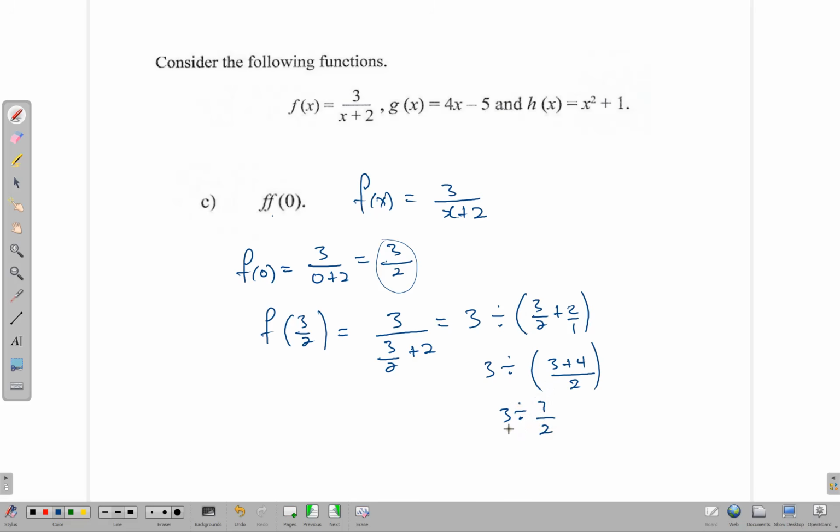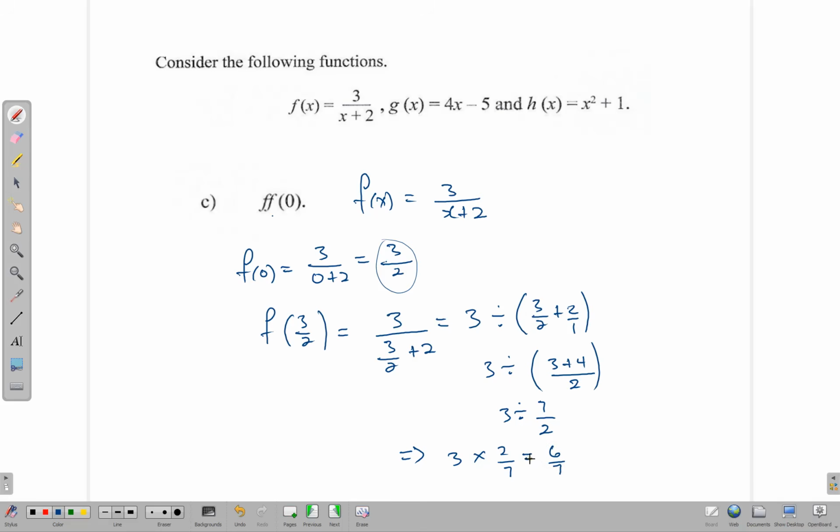Now when you're dividing fractions, remember you keep, change, and flip. So our answer becomes 3 times 2 over 7, which gives us 6 over 7.